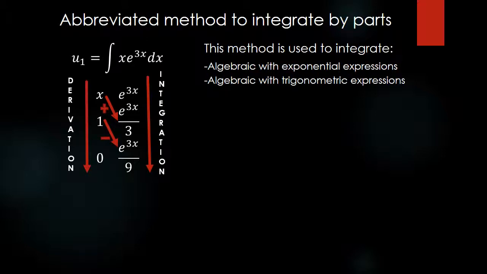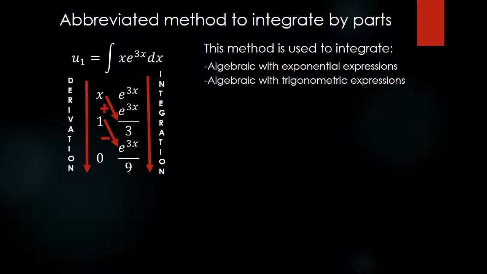We derive 2 times x to obtain a 0, and we integrate 2 times the exponential, the same times we derive the x. Then we multiply x by e to the 3x over 3.